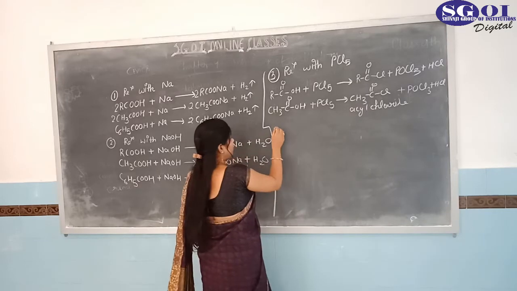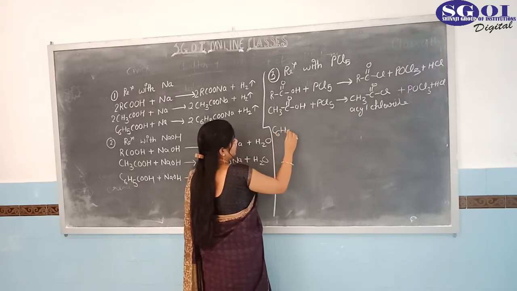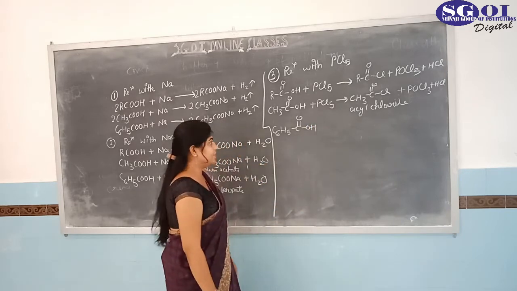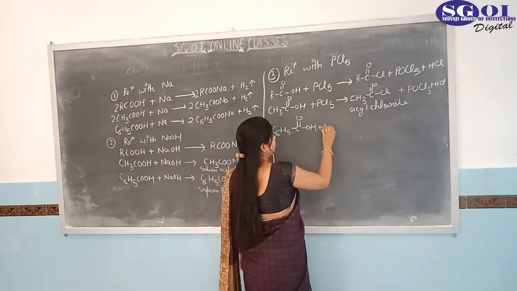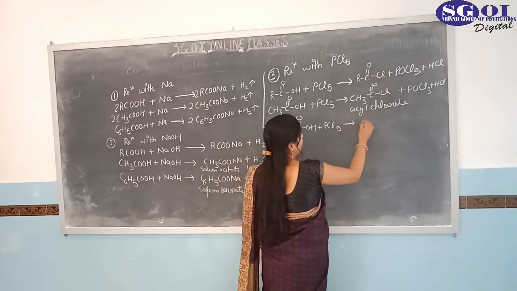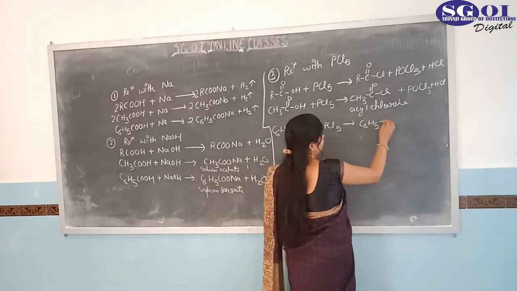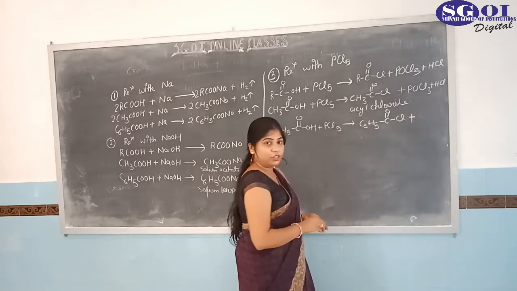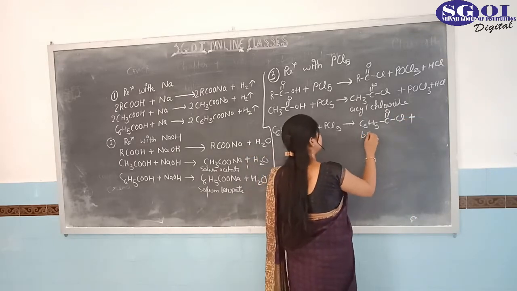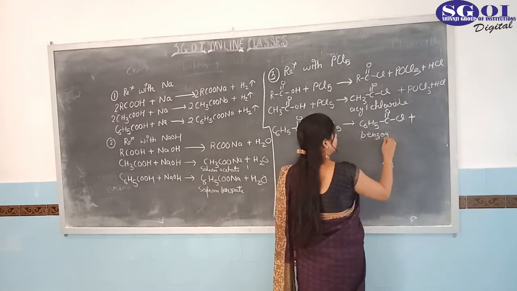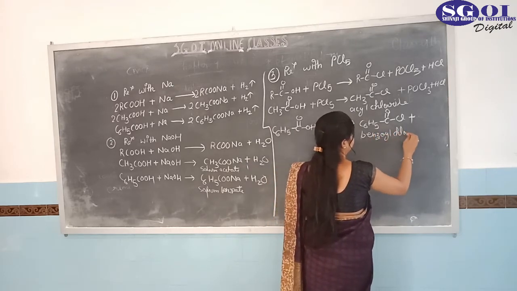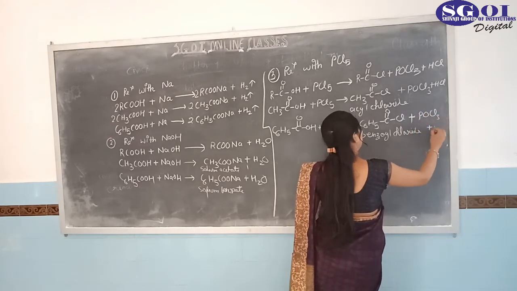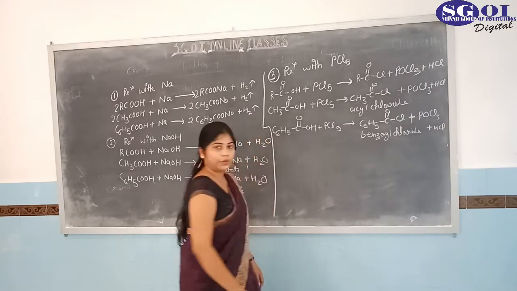Now, if we take C6H5COOH, that is benzoic acid, and react with PCl5, it gives C6H5COCl, that is benzoyl chloride, plus POCl3 plus HCl. Okay.